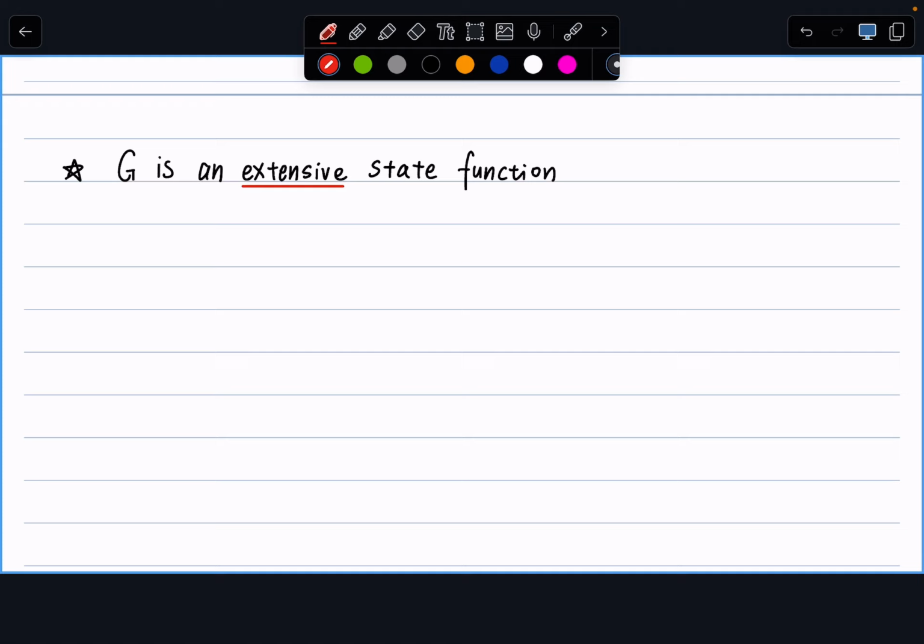So if you consider my system now containing water, both in liquid form and in water vapor form, the Gibbs free energy of my entire system equals the Gibbs free energy of water vapor plus the Gibbs free energy of my liquid water. Or the other way to put it is we can write G, the total Gibbs free energy, equal to the sum over all phases of the system. Here, alpha denotes the phase of the system.